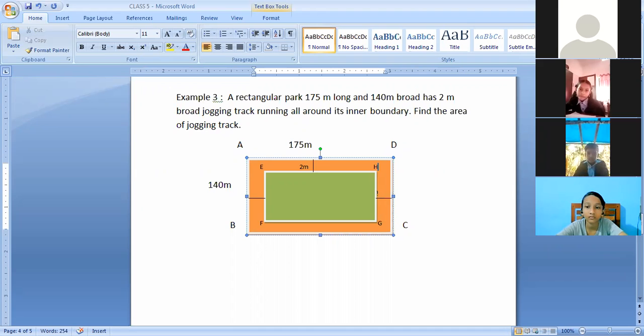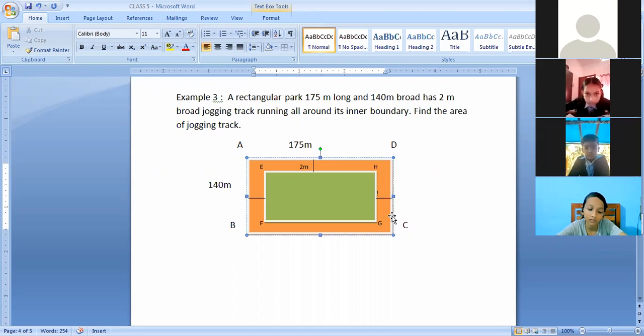ABCD is the bigger rectangle name, EFGH is the smaller rectangle name, and the path comes between, this shaded region.